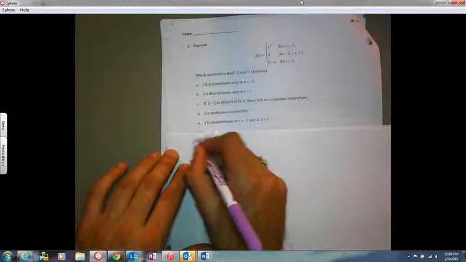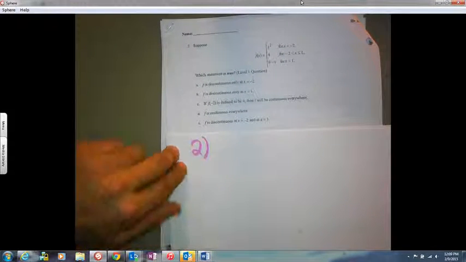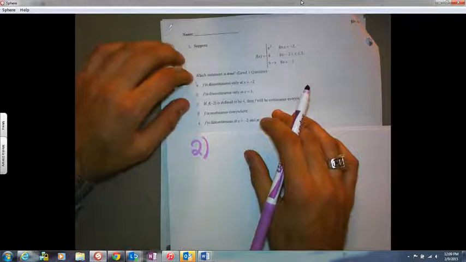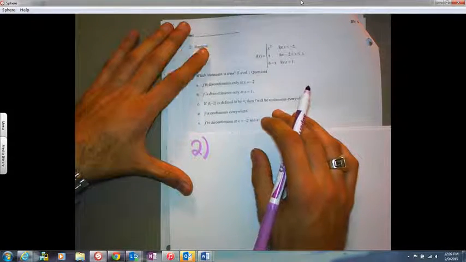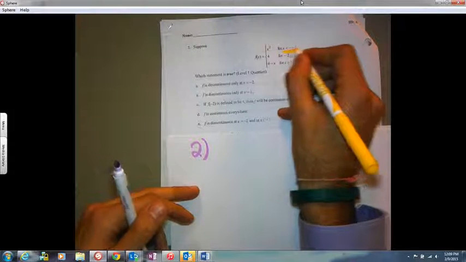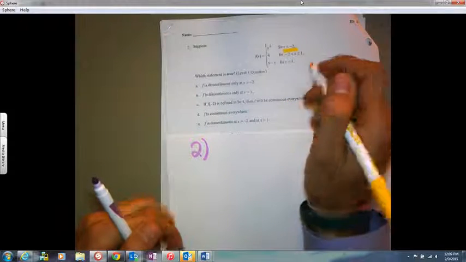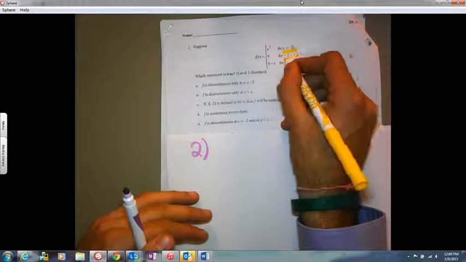So number 2 is asking us which statement is true. And this is a piecewise function, so I'm looking at continuity. And what I notice right away is this piece, x is less than -2. This piece, x is greater than -2.